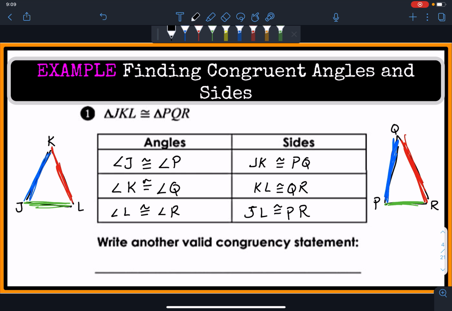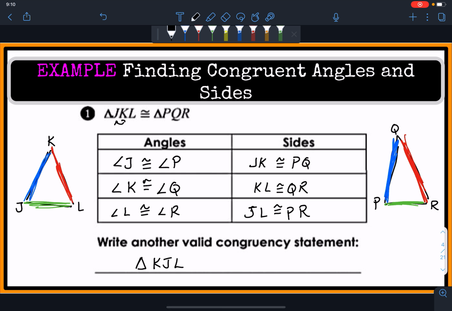So the way that the triangle itself is named, telling you that a triangle is congruent to another triangle, you can use the name to identify what the corresponding parts are, not just the angles, but also the sides, by where the letters are placed on the triangle. As a result, we can write another valid congruency. Let's say, instead of using the letters J, K, L in that order, I put K first, J second, and L at the very end, so basically switching just these two.